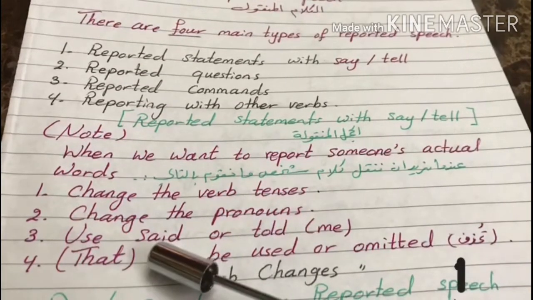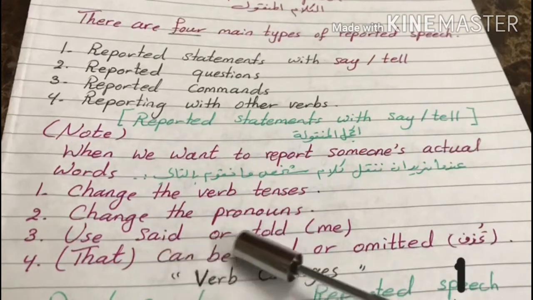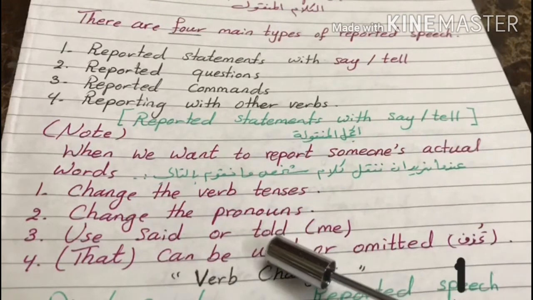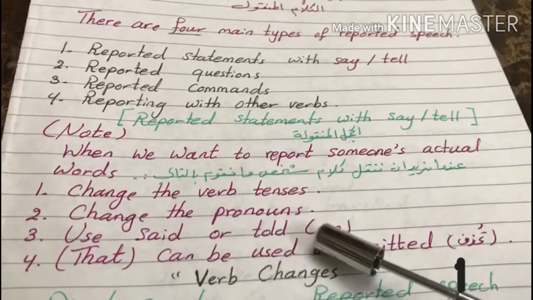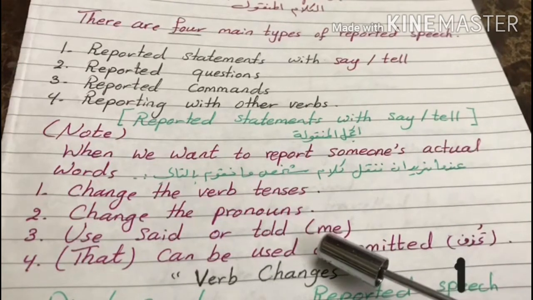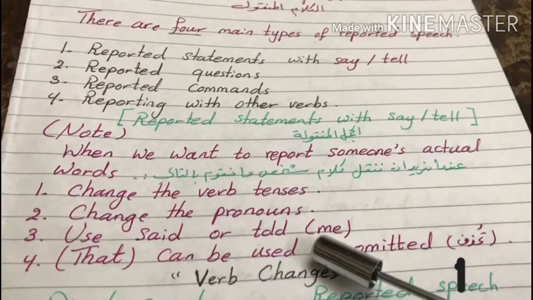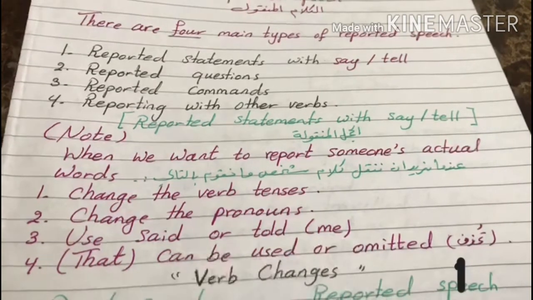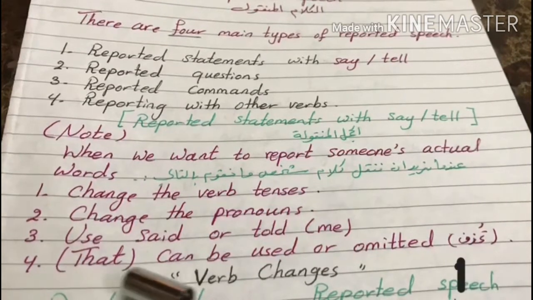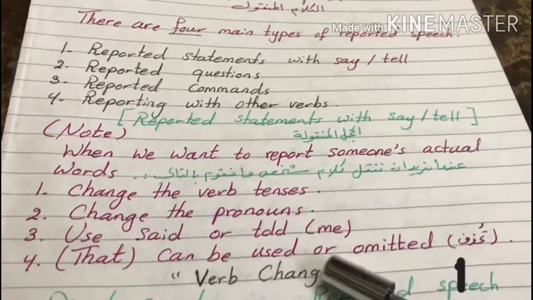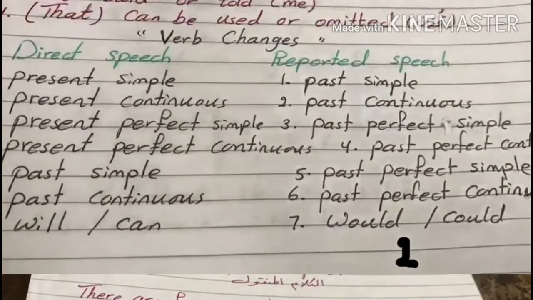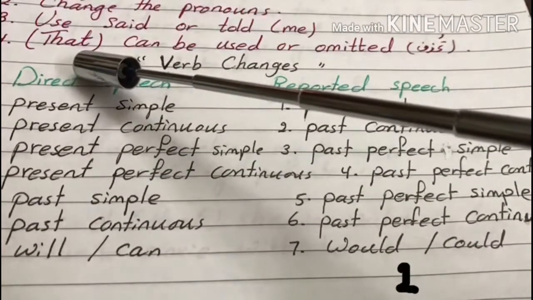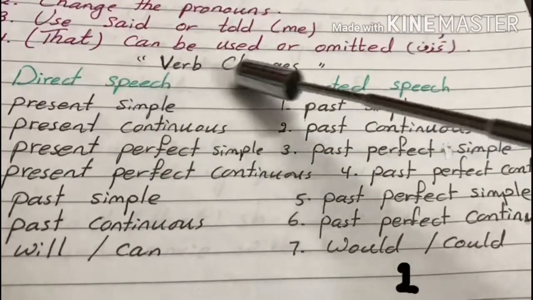Use said, the past tense of the verb say, or told, the past tense of the verb tell. You must put an object pronoun after it, just like me, him, her, etc., or an object noun, just like Layla, Ali, etc. 4. That can be used or omitted. This means that it's up to you to use that or don't use it.